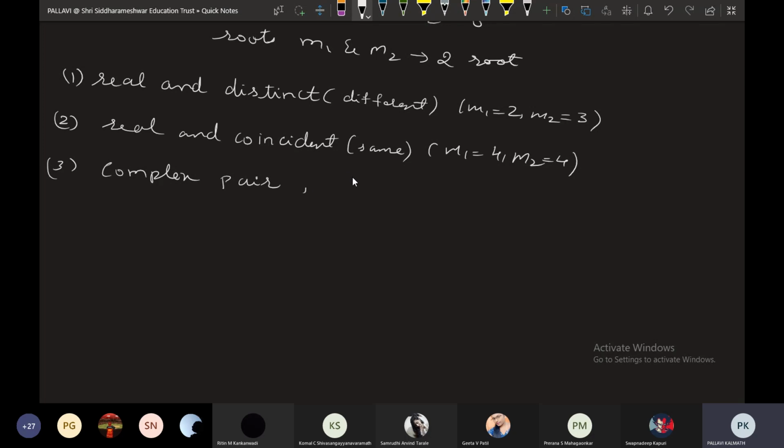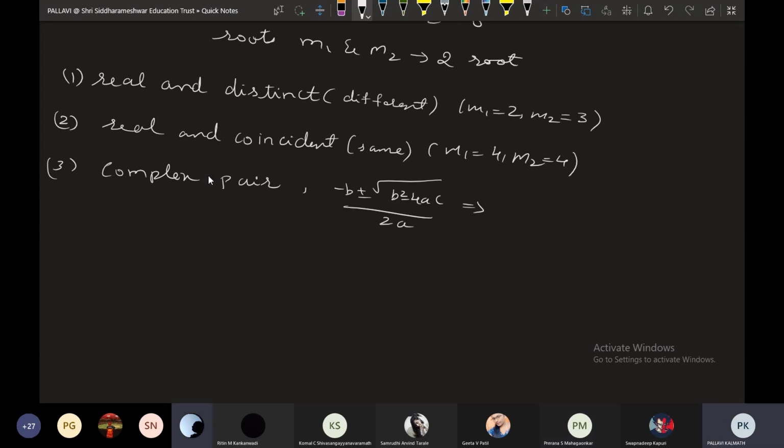If you are not able to find the factors by splitting up the middle term, you are going to use this formula: minus b plus or minus square root of b square minus 4ac, divided by 2a. When you use this formula, you are going to get sometimes a complex pair.